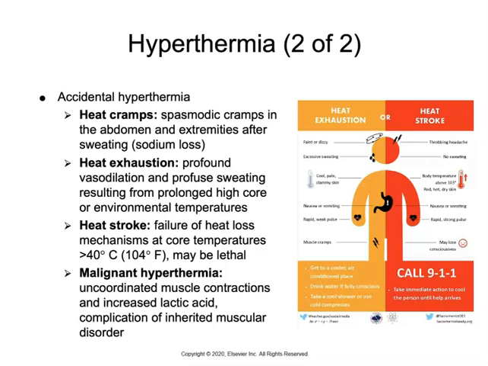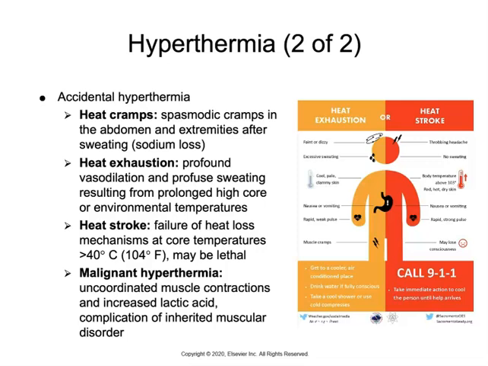This condition causes abnormal calcium release or a decreased calcium uptake in the muscle cells, and that leads to sustained muscle contractions. This then is going to increase oxygen consumption, which produces lactic acid, and it can result in serious complications such as cardiac dysrhythmias, tachycardia, and hypotension.